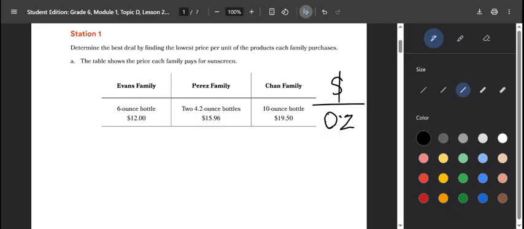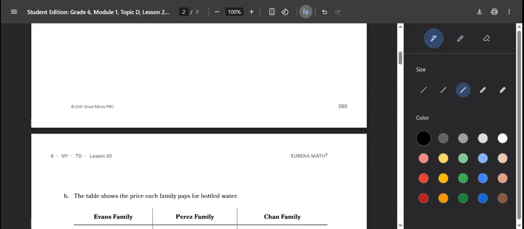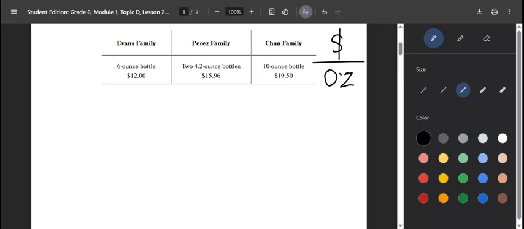All right, let's start with the Evans family. The Evans family pays $12 for 6 ounces. So let me just write Evans.